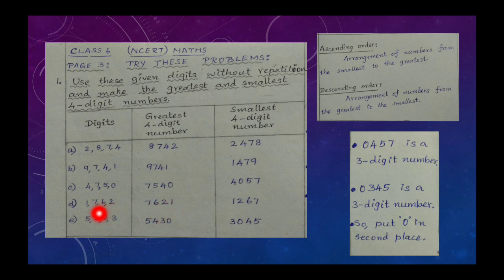Okay, next 5403. Out of these 4 digits, 5 is largest, so 5 takes first place. Next largest is 4, next largest is 3, or the last digit is 0. So 5430 is the greatest 4-digit number. Let us see the smallest 4-digit number.